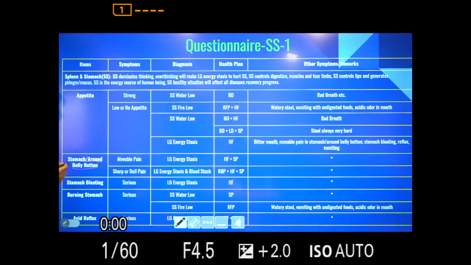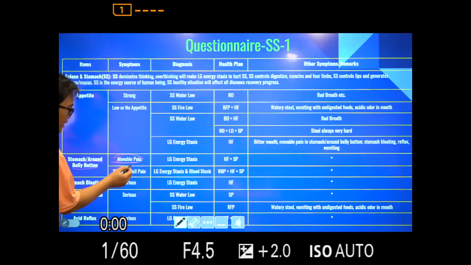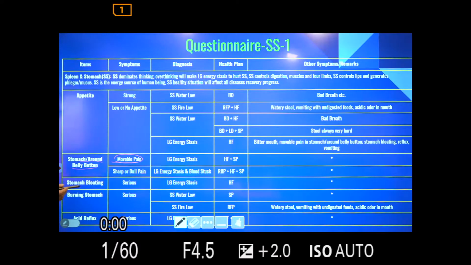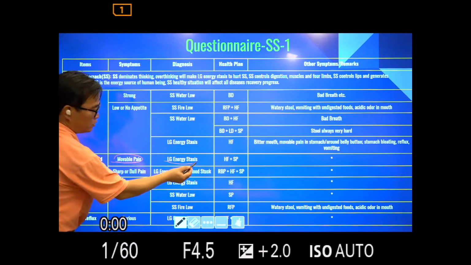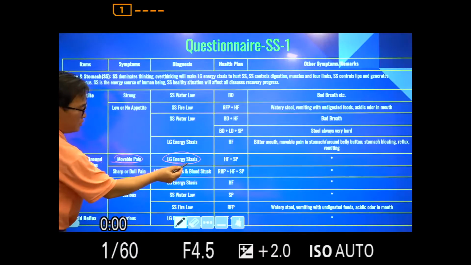These are the parts of the body, and for the mobile pain, remember before we were explaining the diagnosis concept about energy stasis. We said the mobile pain belongs to the allergy energy stasis, right? So the diagnosis result is allergy energy stasis.